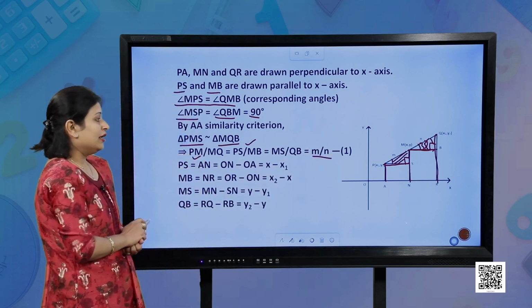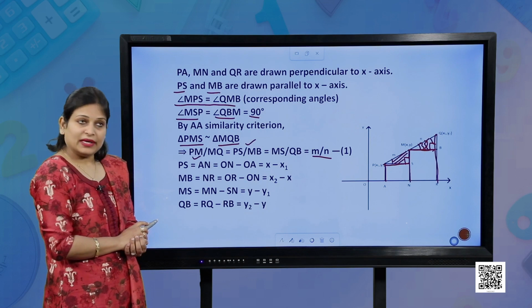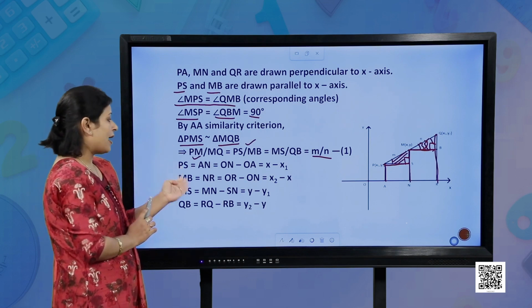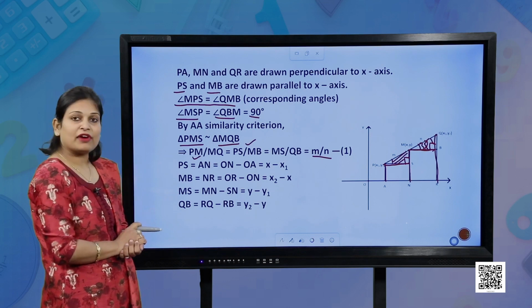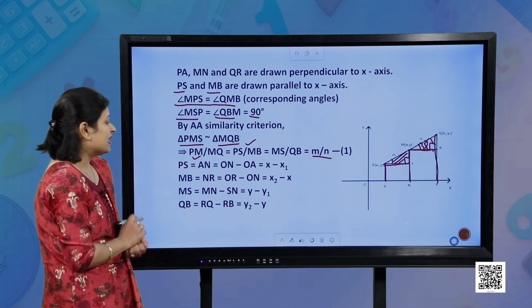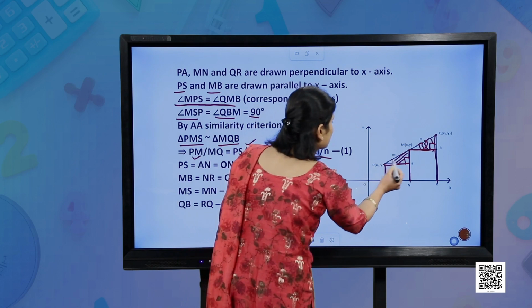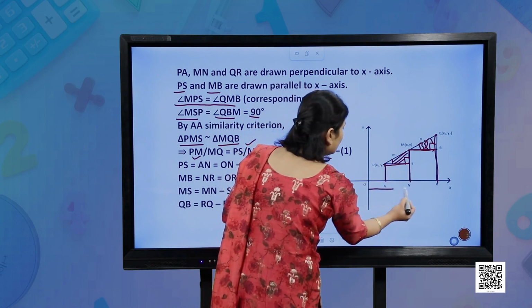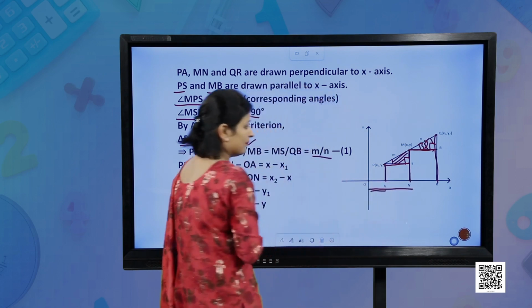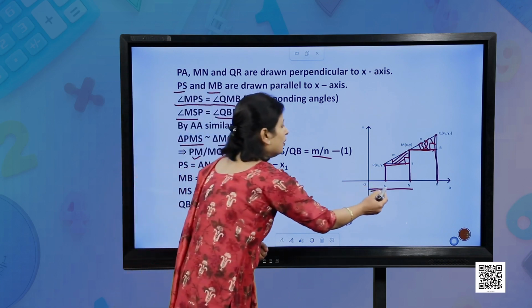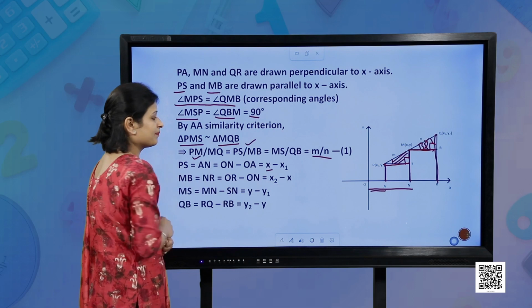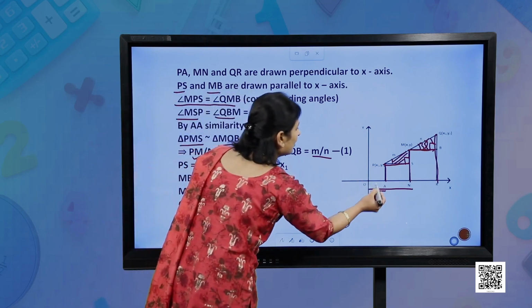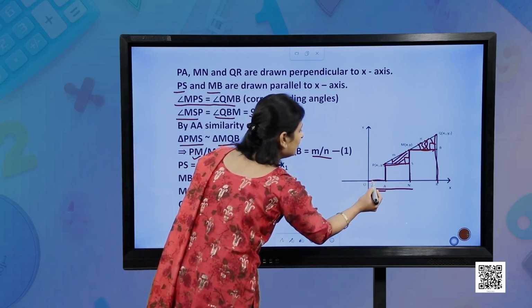Now, I need to find the values of PS, MB, MS and QB. How will you find the value? PS is ON minus OA. What is ON? Total is x. And OA is x1.